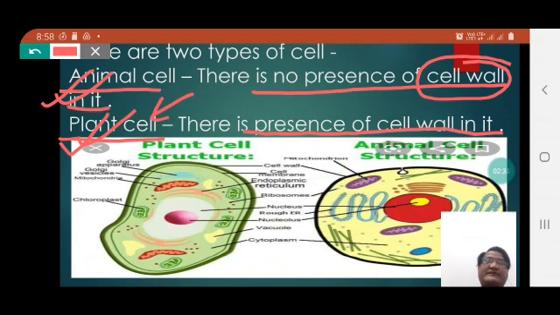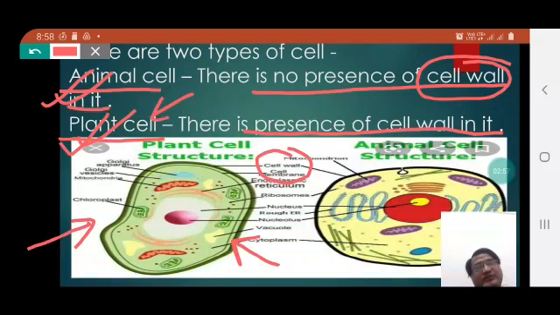Now students, let's understand this concept with the help of the diagram. Students, in this picture of the plant cell and the animal cell, we can notice that there is a presence of a hard outermost cover, and this is called as cell wall.